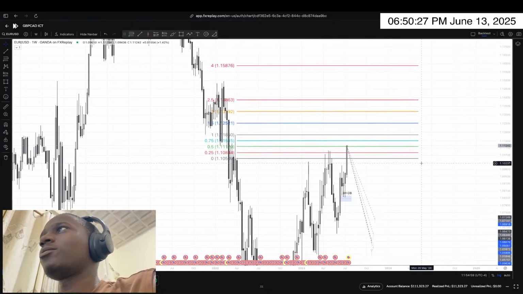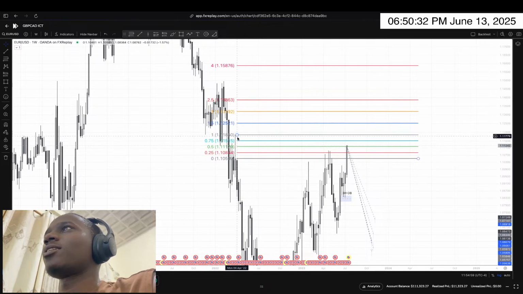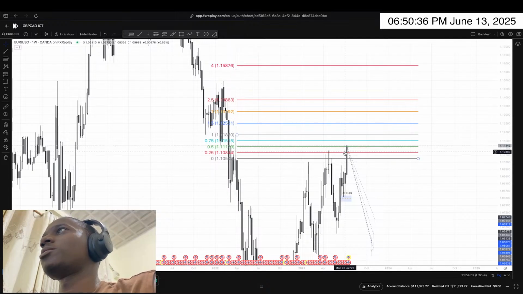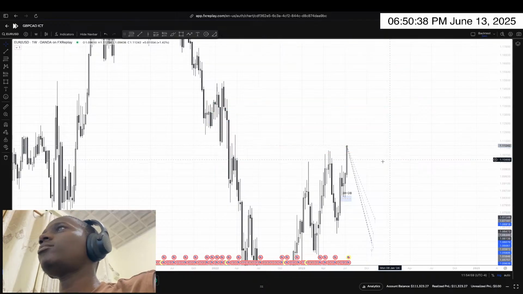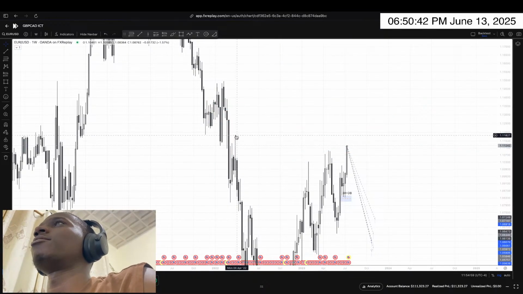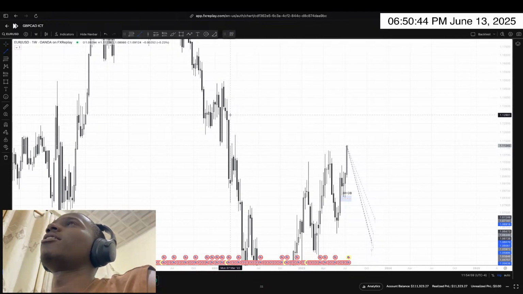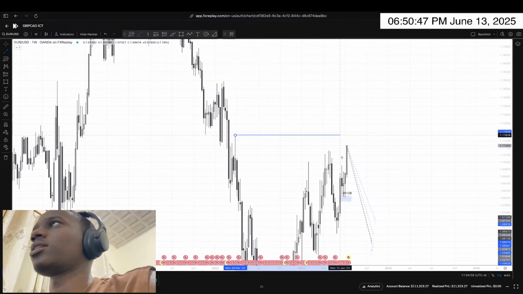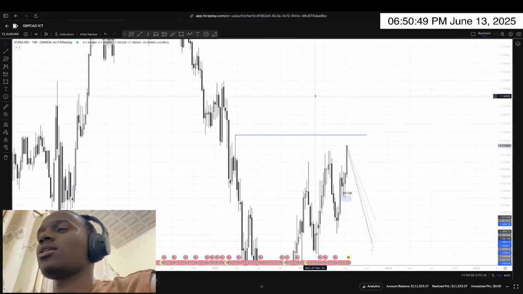From the open to the close of the week, from the highest of the candle to the open of the candle, you can see that we have this consequent encroachment which has been tapped into. So our next level of liquidity will be above this high of this week, exactly, like that.